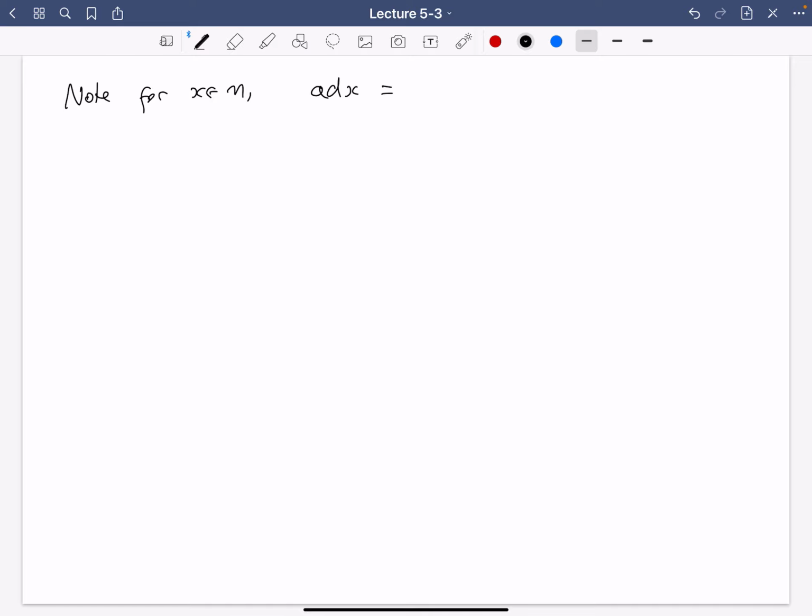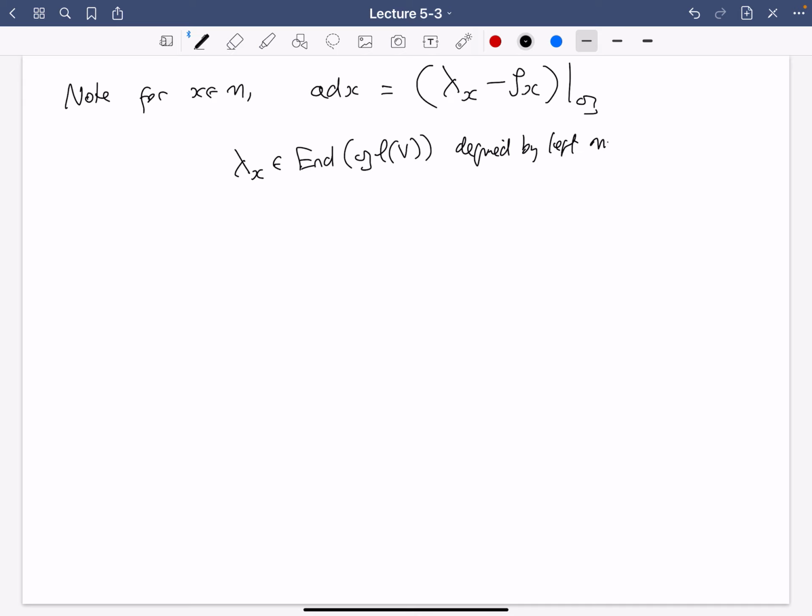Actually, you can just write it as lambda x minus rho x restricted down to G, where lambda x is the endomorphism of GL(V) defined by left multiplication by x, and rho x is the endomorphism of GL(V) defined by right multiplication by x.